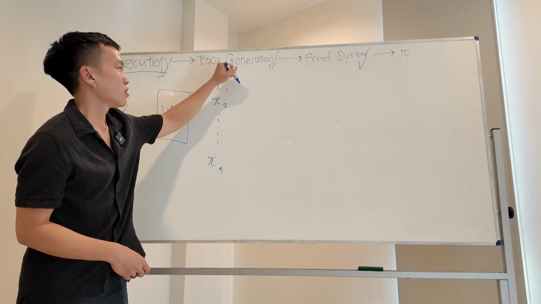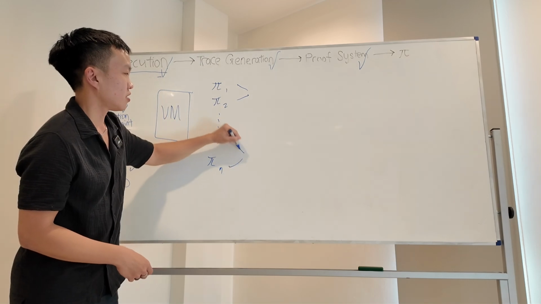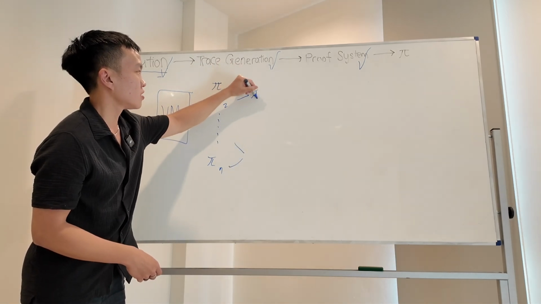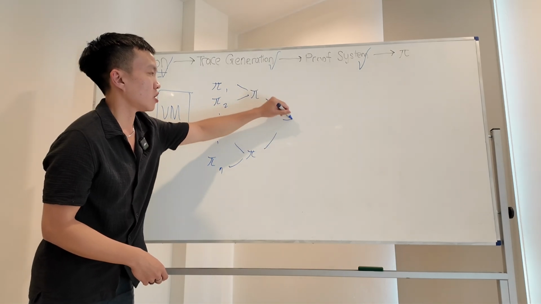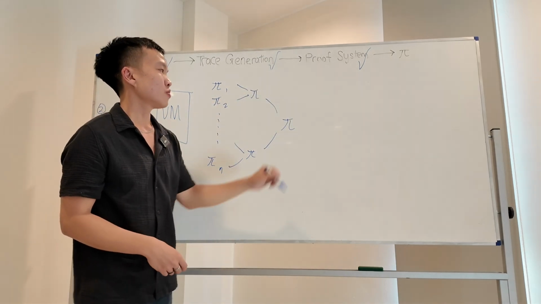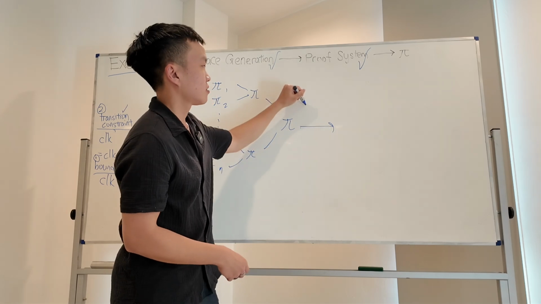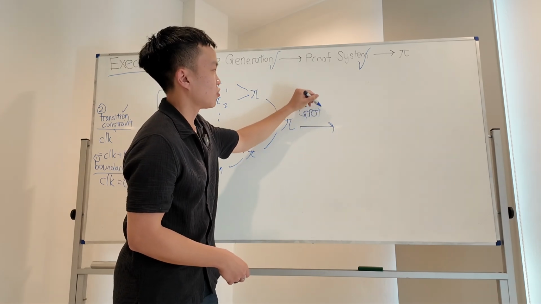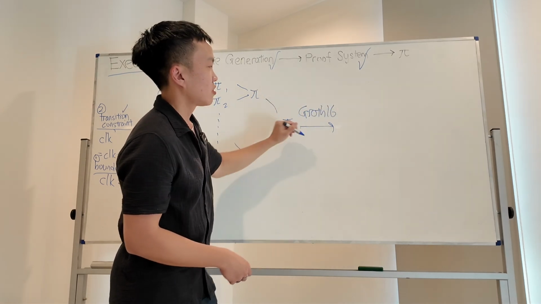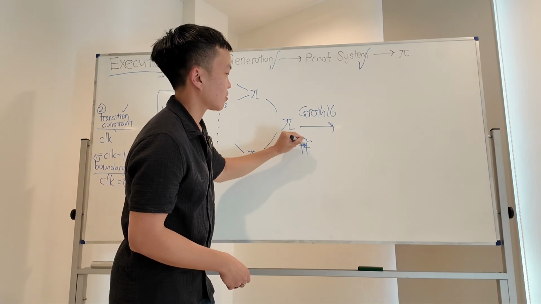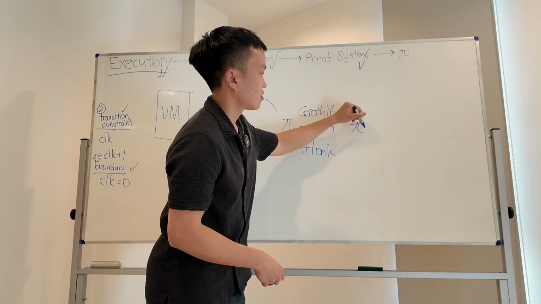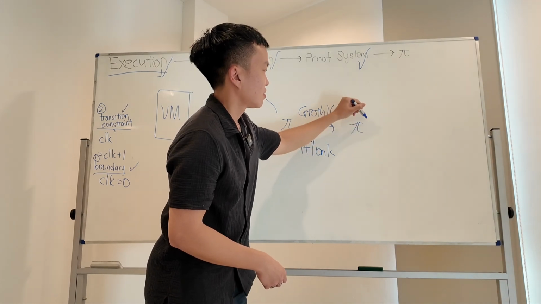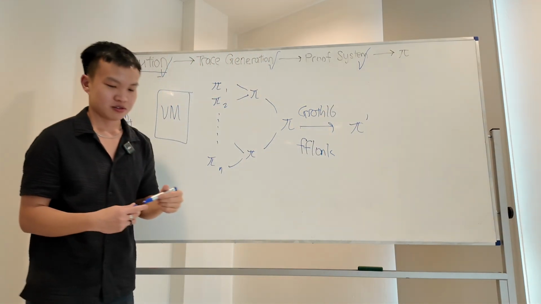This is pretty much what SP1 and RISC Zero are doing. They recursively prove proofs and wrap them up in a final proof, which is usually Groth16, or it can be something else as well, and then you get a small proof. It's called pi.